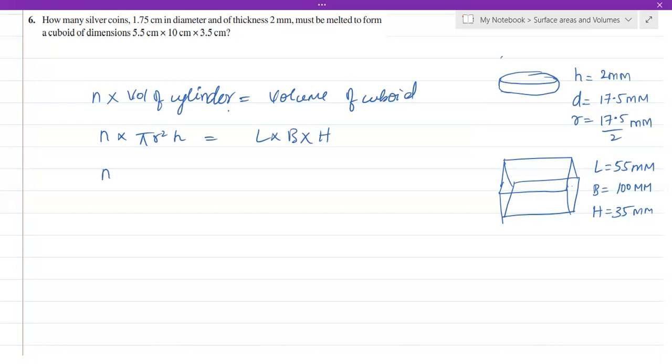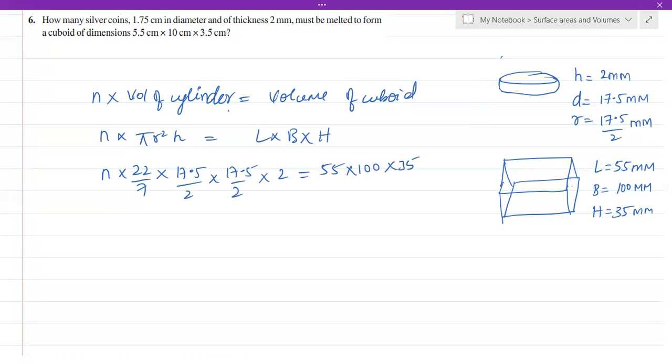So n as it is, pi value is 22 by 7. R square, R is 17.5 by 2, the whole square. So I have to write it twice: 17.5 by 2 into 17.5 by 2 into H. H is 2. That will be equal to capital L into capital B into capital H. Capital L is 55, capital B is 100 and capital H is 35.